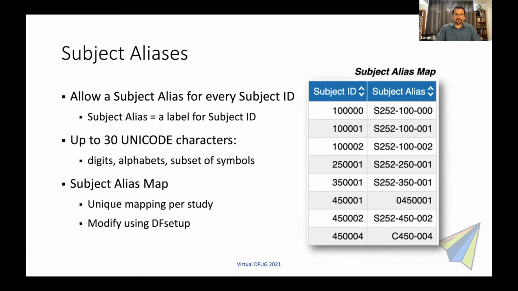Subject alias is effectively a label for a numeric subject ID, and it is maintained in the study's subject alias map, which of course can be edited using the setup tool. As you can see on the right side, a screenshot of the subject alias map, where an ID is mapped to a specific subject alias.